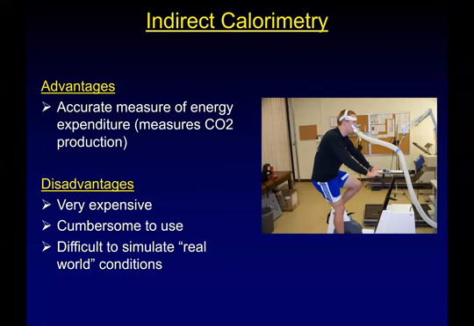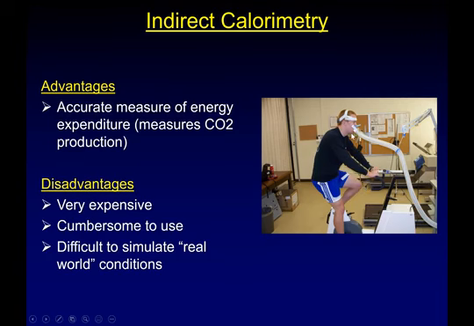So anybody remember, if you look at a metabolic equation, that you take glucose and you add oxygen to it, you make water and CO2 and heat on the back end. And so what we do with indirect calorimetry is we put you in a mask or this mouthpiece of some sort. And you can see one of my former students here on an exercise bike. We've got him hooked up.